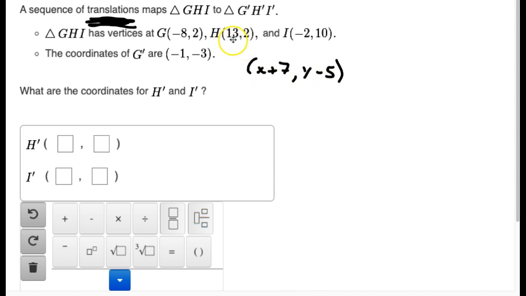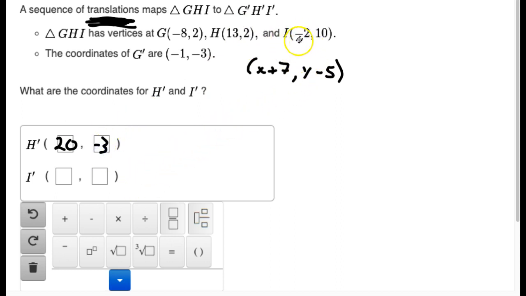Or I can just add 7 to each x coordinate and subtract 5 from each y coordinate. So for H, if I add 7 to the x coordinate, 13 plus 7 will be 20. And if I subtract 5 from the y coordinate, 2 minus 5 would be -3.